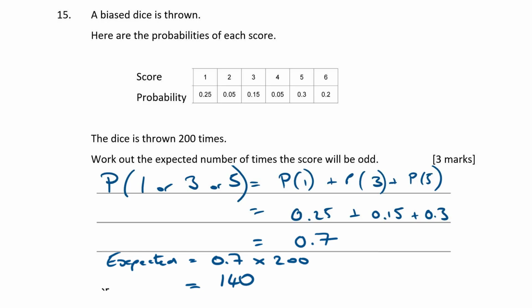I'd expect it to be odd 140 times. Now you could have just as equally worked out the expected number of 1s and the expected number of 3s and the expected number of 5s and added them up. That would also work, but I think this way is slightly quicker.